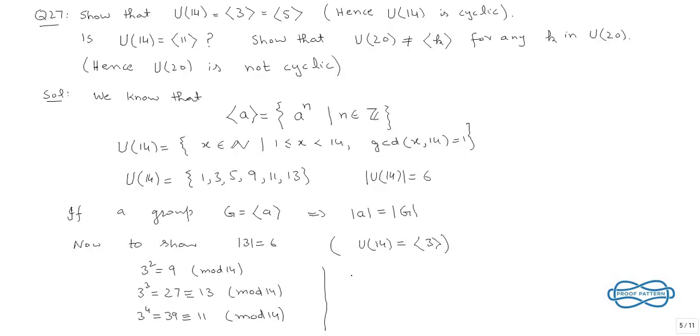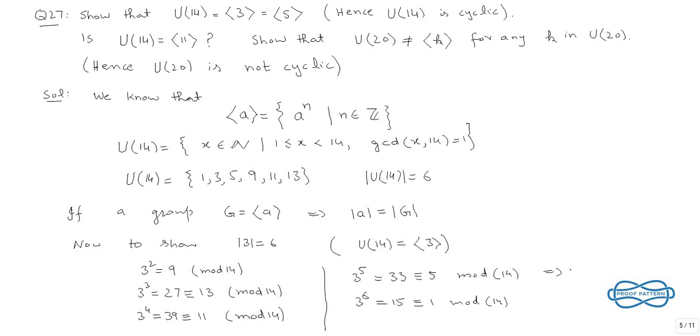We multiply again by 3 on both sides. We get 3 to the power 5 on the left side, and on the right side it is 33, which is congruent to 5 mod 14. And again, the power of 3 is 6, and on the right side it is 15, which is congruent to 1 mod 14.